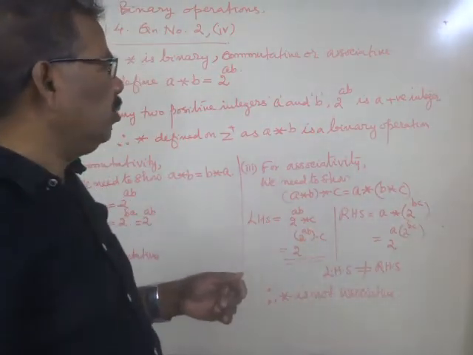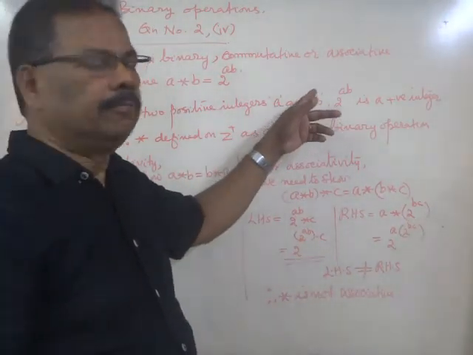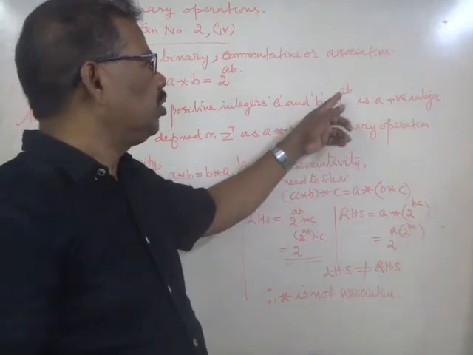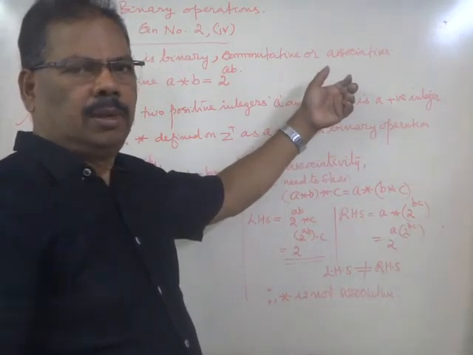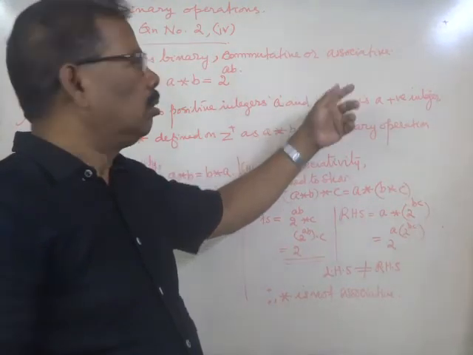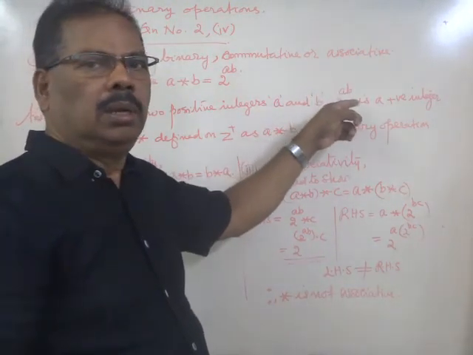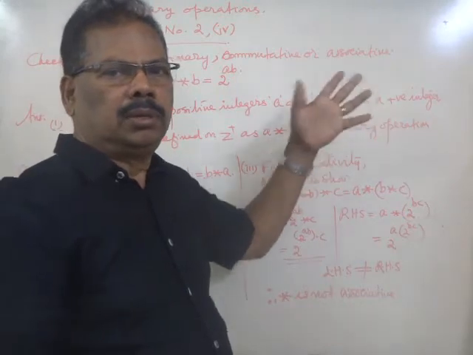For any two positive integers a and b, 2 raised to ab. ab is the product of two positive integers. It will be another positive integer. 2 raised to a positive integer will be a third positive integer, of course.